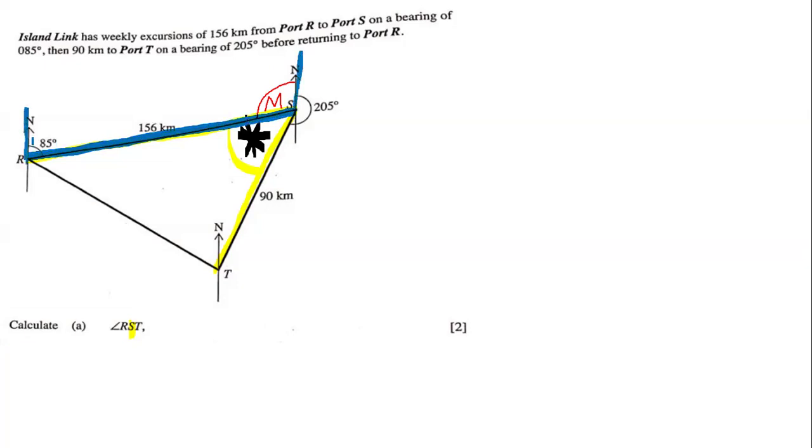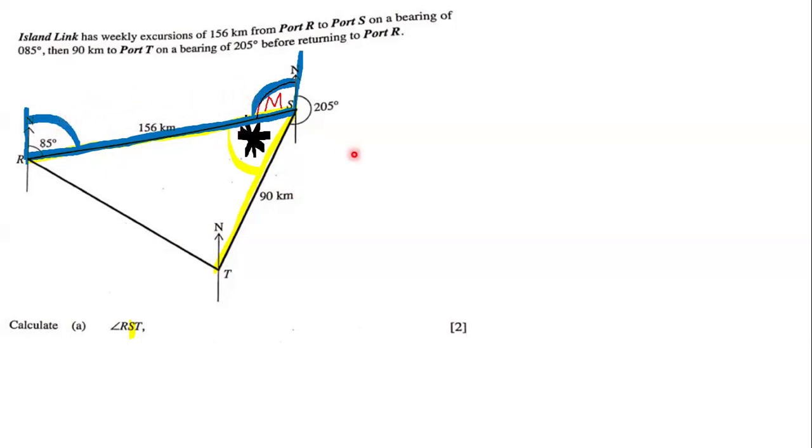So we have a C shape, and we have this angle and this angle M. If a C shape is formed with parallel lines and this transversal, then these two angles are co-interior angles. Now, what do we know about co-interior angles? Co-interior angles are supplementary angles, which means that they add up to 180 degrees.